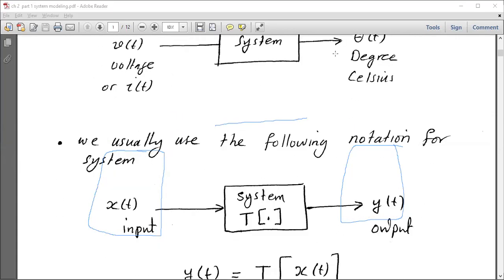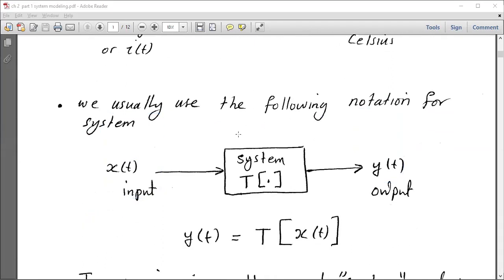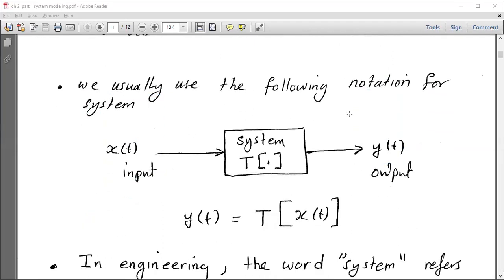Now, we usually use the following notation to describe a system. x of t is the input and y of t is the output, with the system in a box. We call it a transfer because you transfer the input to the output; you make an output from the input, like a transformation.